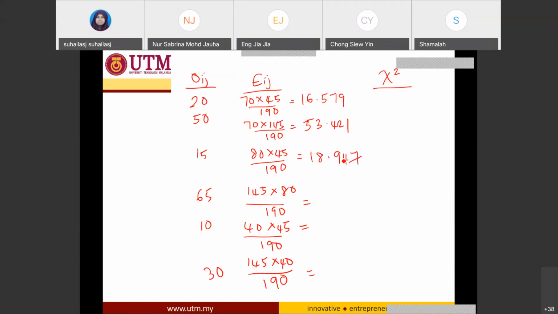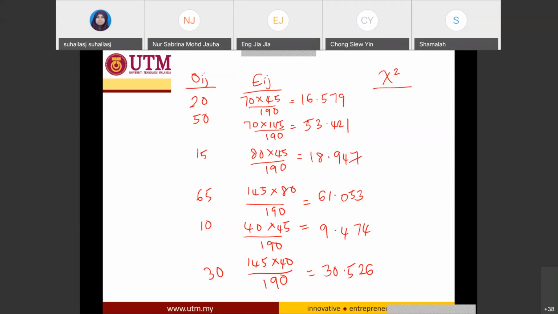For observation 65, you have 61.053, and then you have 9.474. And the last value, you should get 30.526. Okay, so that one is your EIJ.